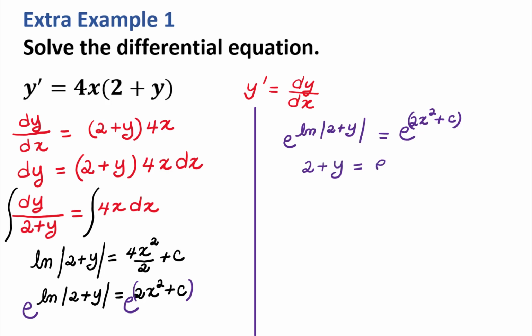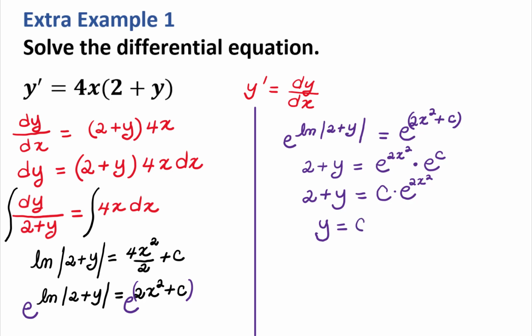And using the laws of exponent, e to the 2x squared plus c is e to the 2x squared times e to the c. And e to the c is a constant. So 2 plus y will be equal to c, that constant, multiplied by e to the 2x squared.